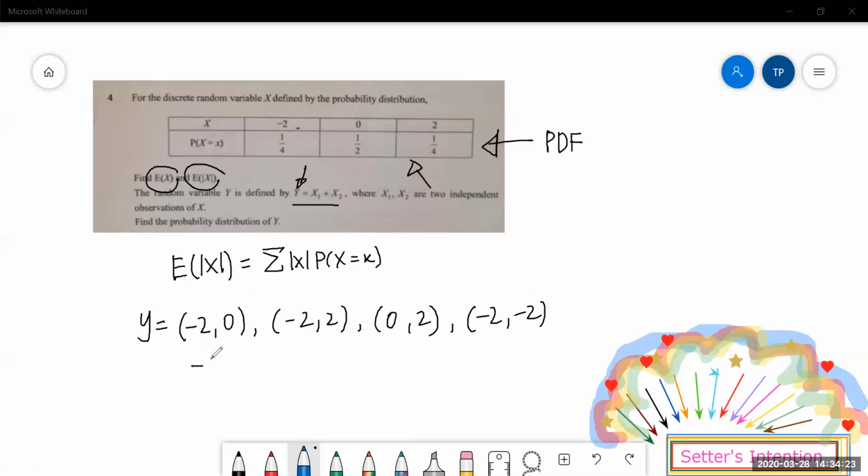Basically, in short, it is -2, 0, 2, with -2, 0, 2. It will go in all directions.